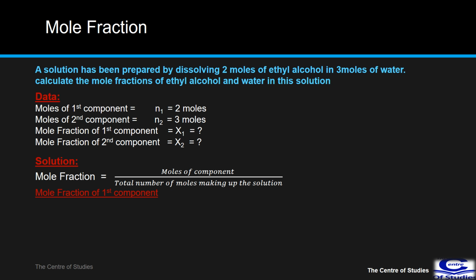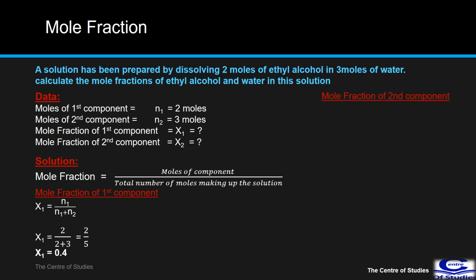So X1 is equal to the number of moles of ethyl alcohol divided by the total number of moles, N1 plus N2. So the equation becomes 2 upon 2 plus 3, and by calculating we get the mole fraction of ethyl alcohol is 0.4.